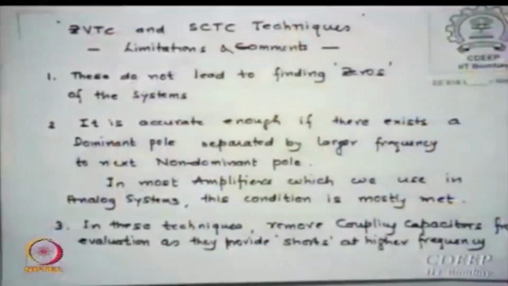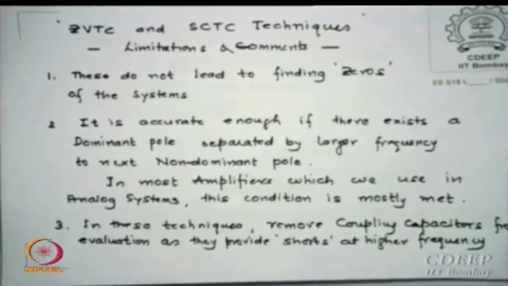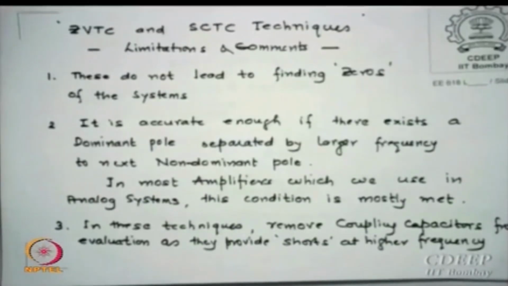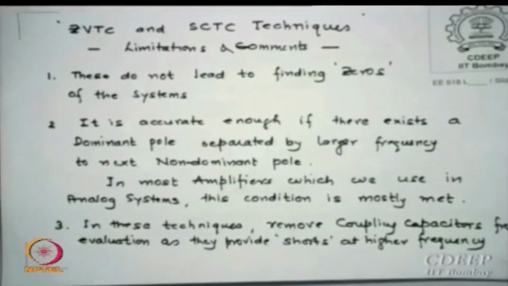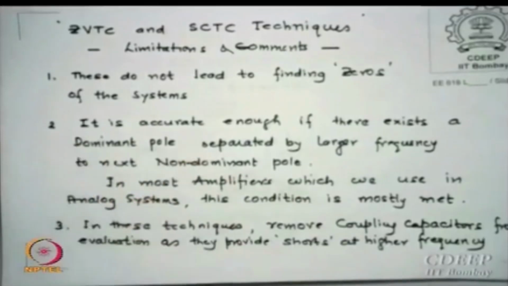Both these techniques have a few comments and limitations. These do not lead to finding zeros. First thing you must see: there is no way I am calculating zeros. What is the assumption in that case? Zero is far away from poles. So no worries, it is accurate enough.